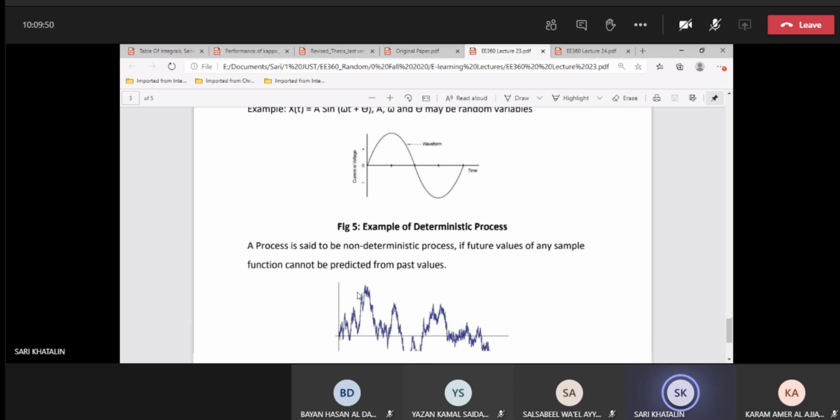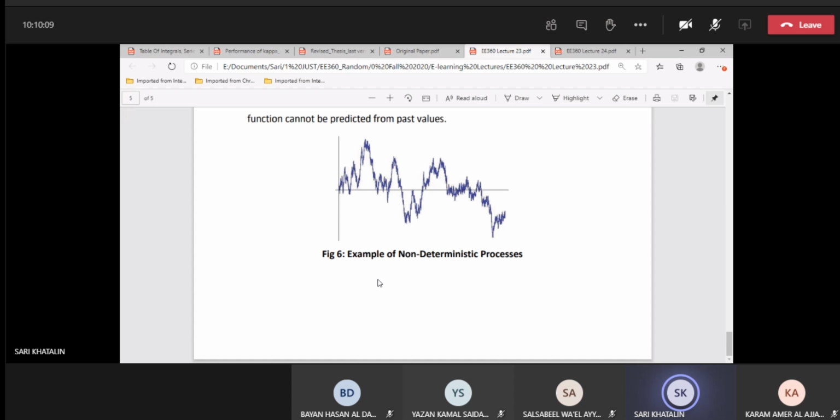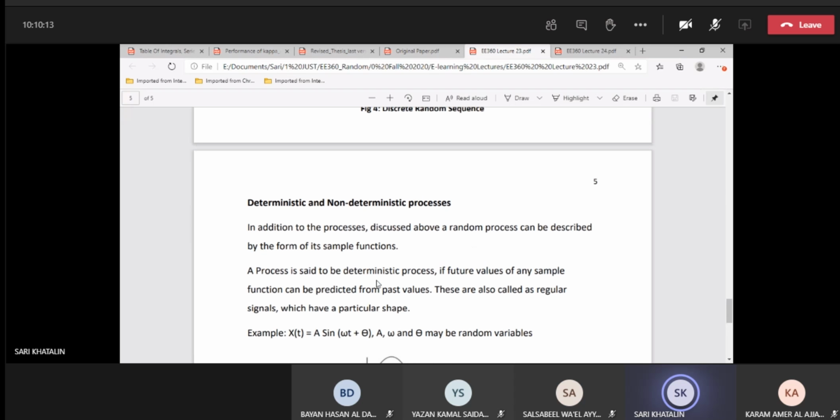On the other hand, if we have another function that is unpredictable, as you can see here, it's random, okay, so we can't really tell whether the next period is going to be the same shape or a different shape. In this case, this process is called undeterministic or non-deterministic. So that's the difference between deterministic and non-deterministic.